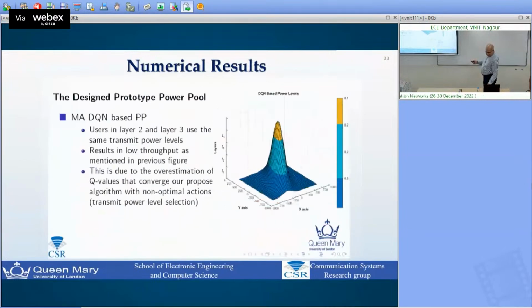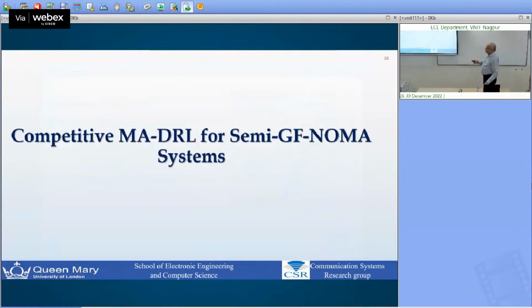The second one: the first one is graph-free NOMA, which means all devices are graph-free. Semi-graph-free means that in practical situations we have to guarantee quality of service for some devices. For those devices we use grant-based.